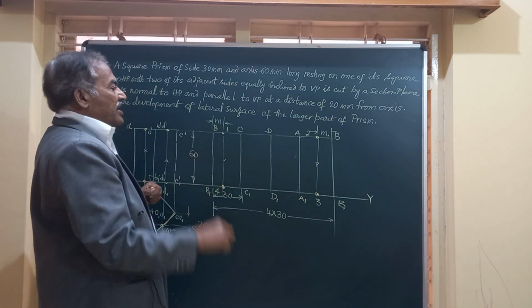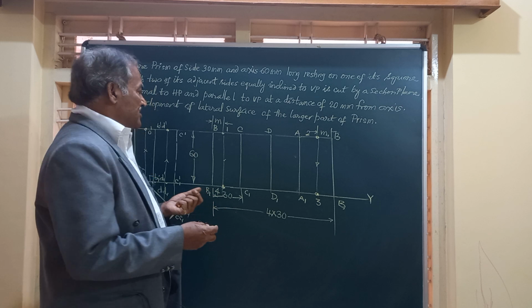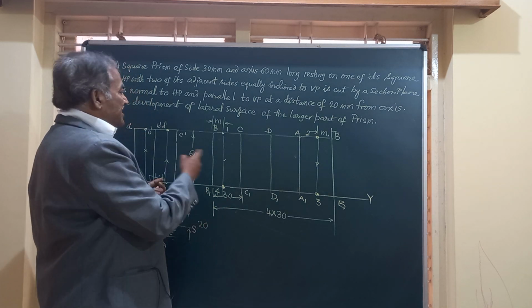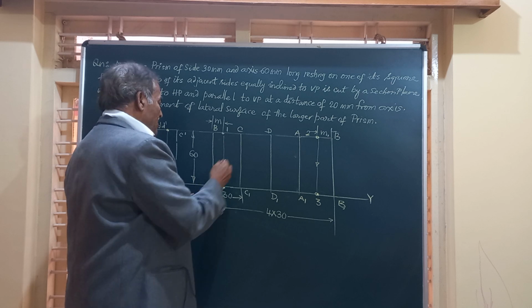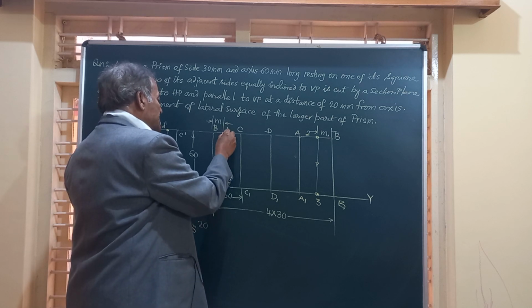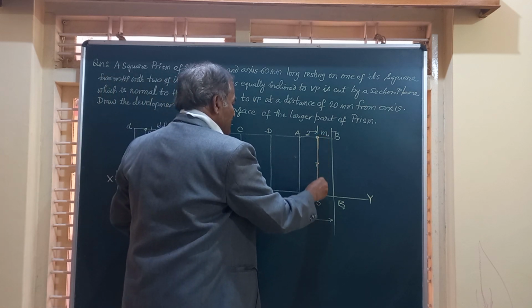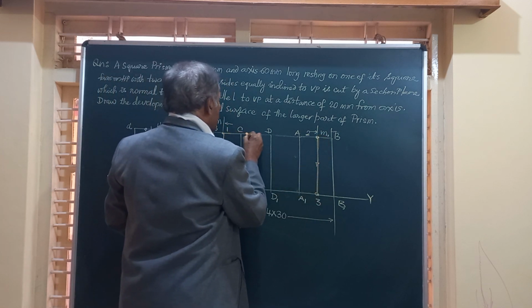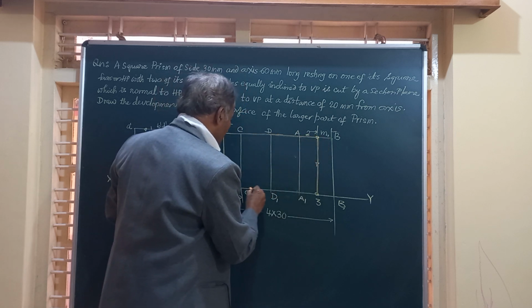These are the 4 points, 2 on the top face and 2 on the bottom face, where this section plane is cutting the solid. So let me join all these by dark lines. I will mark this by a visible line, the top face by a visible line, similarly the bottom face.